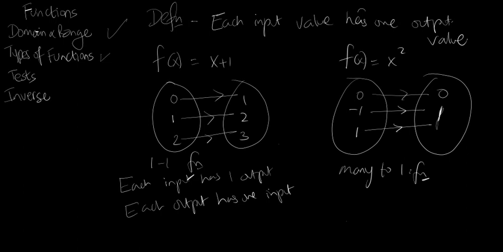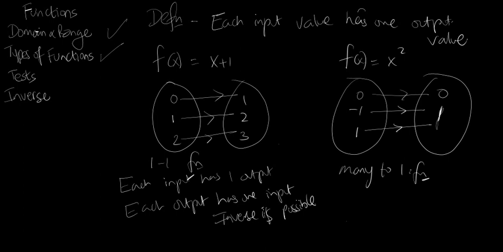All right, and now, before we jump onto the next part, what we need to know is that if we have a one-to-one function, its inverse is possible. So you can find the inverse of a function if it is one-to-one.